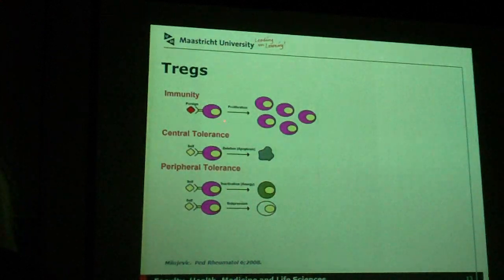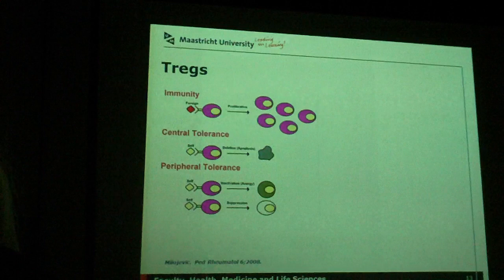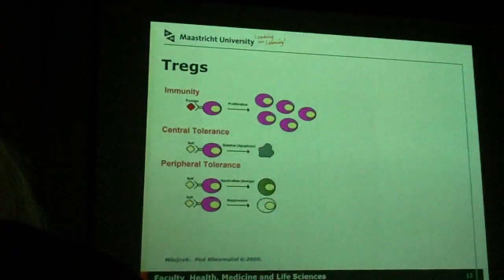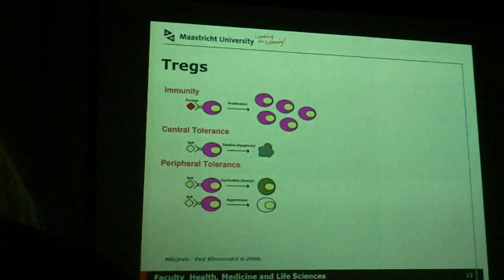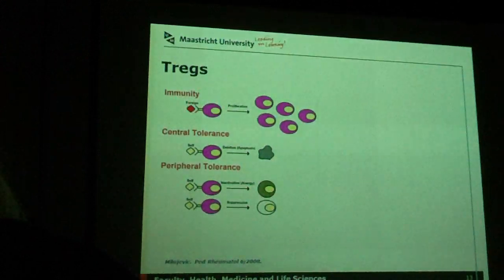Immunity means that when a foreign antigen enters your body, this will be taken to your draining lymph nodes, and here immune cells, CD4 T cells, constantly migrate to these lymph nodes and try to recognize the antigen with a T cell receptor. If there is a naive T cell which can recognize this foreign antigen, it will get activated and it will start proliferation.